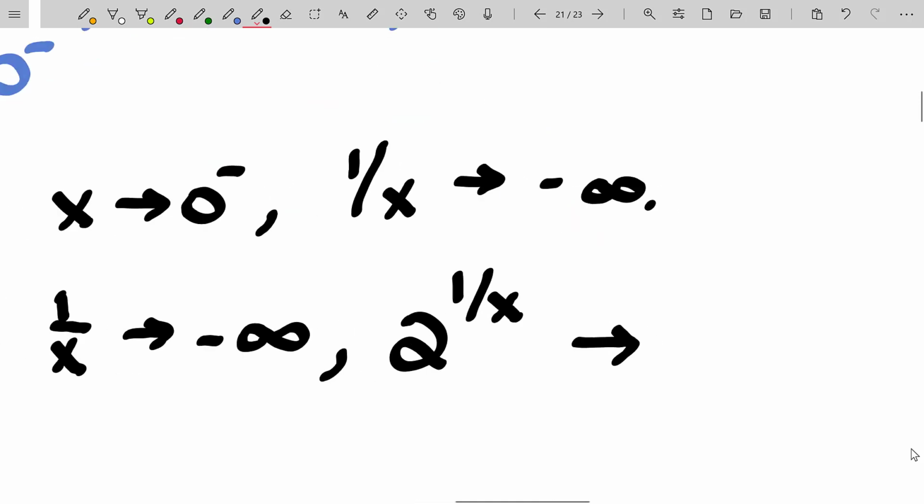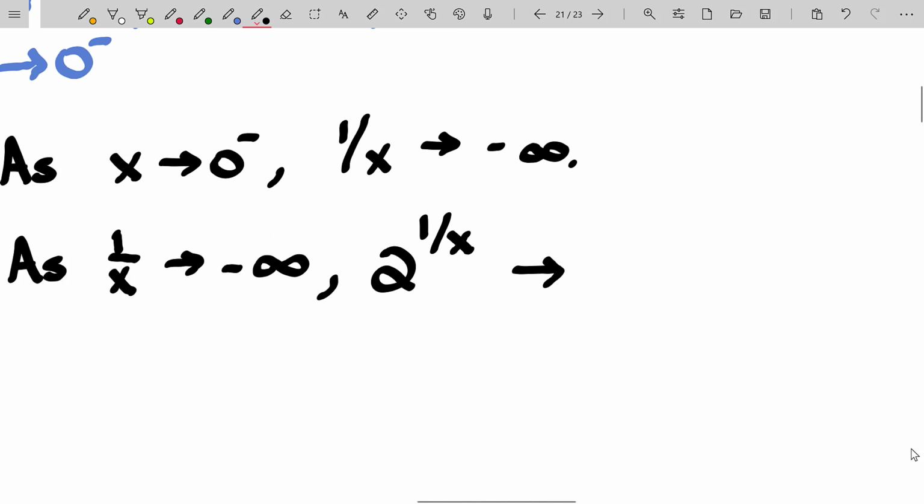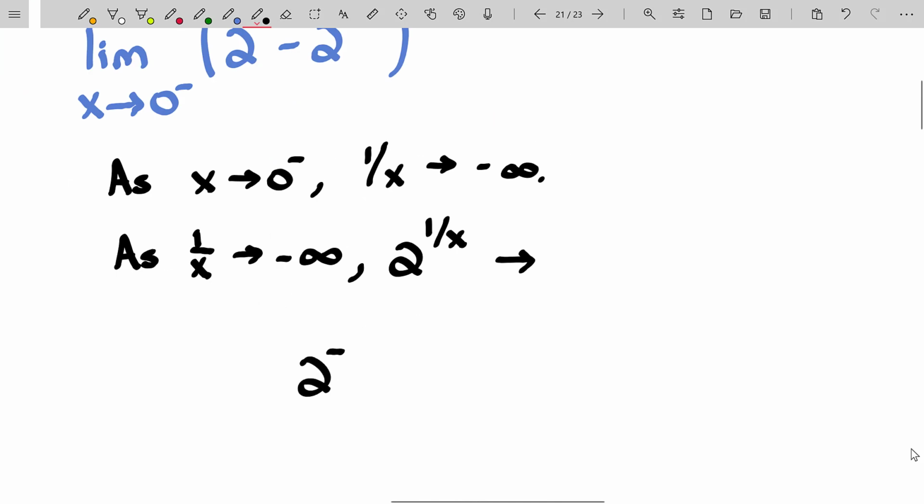As the exponent is approaching negative infinity, well, that's like 2 to the negative large number, right? Conceptual investigation here. You know laws of exponents. That's just going to be the same thing as 1 over 2 to the large power, right? You can rip off the negative exponent and drop that 2 to that exponent downstairs.